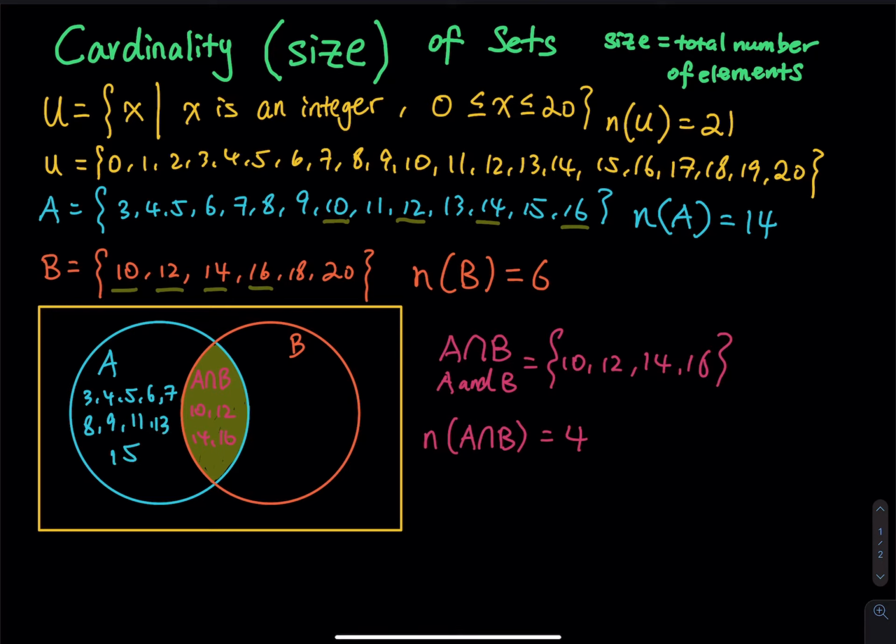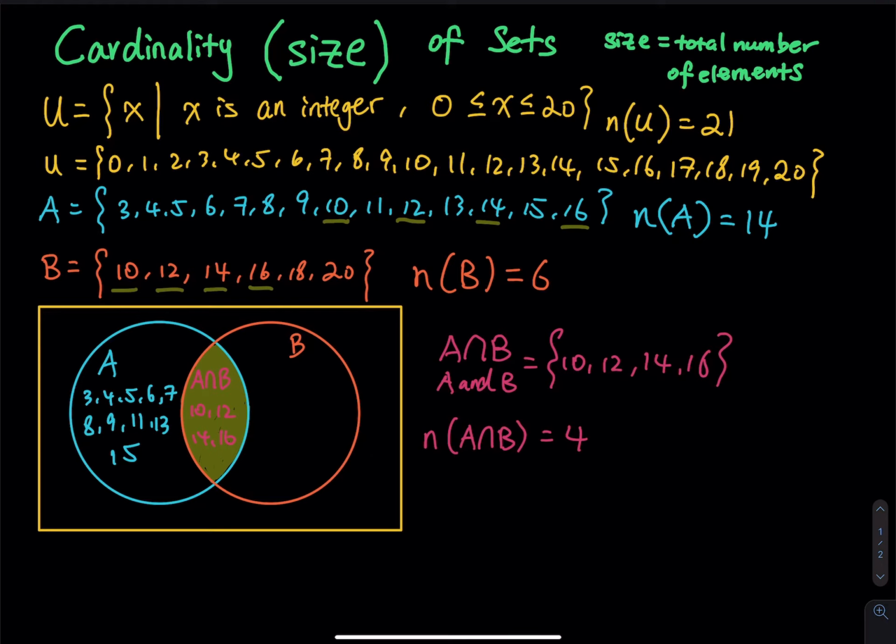If you put some numbers in the intersection, does that reduce the cardinality of set A? The answer is no. If you consider the entire set A, that includes all the numbers in red plus the numbers in blue. What about set B?